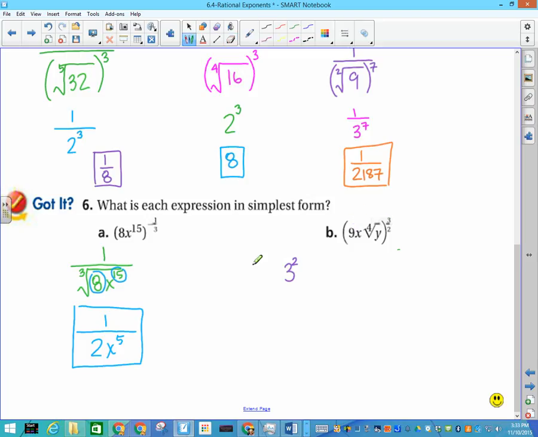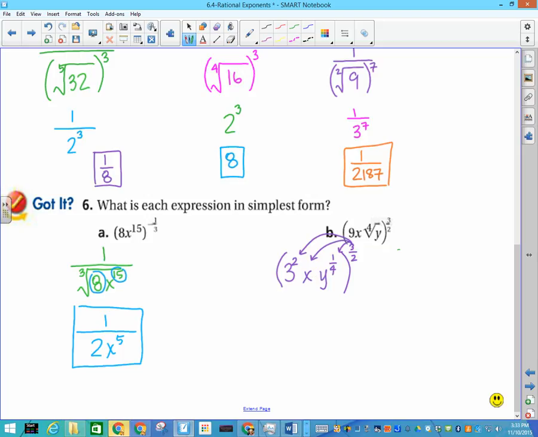I'm going to rewrite it inside the exponent, all with rational exponents because it'll be easier. So 3 squared x and y to the 1/4 because that's the fourth root of y, and I'm raising it to the 3 halves. So when I do that, I have to take the 3 halves and put it with each exponent.